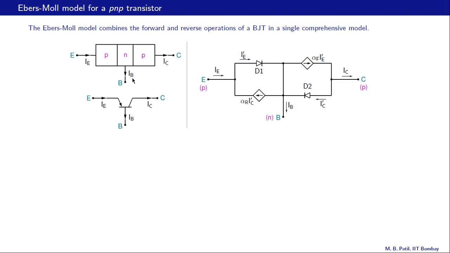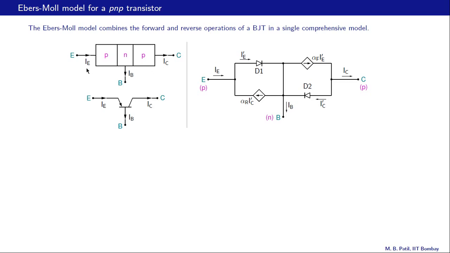Another way to look at it is in the active mode, all these currents are positive, and that will happen if the base current is shown to be coming out of the device. Let us see why. As we have seen earlier, IC is alpha times IE in the active mode, and alpha is slightly smaller than 1.